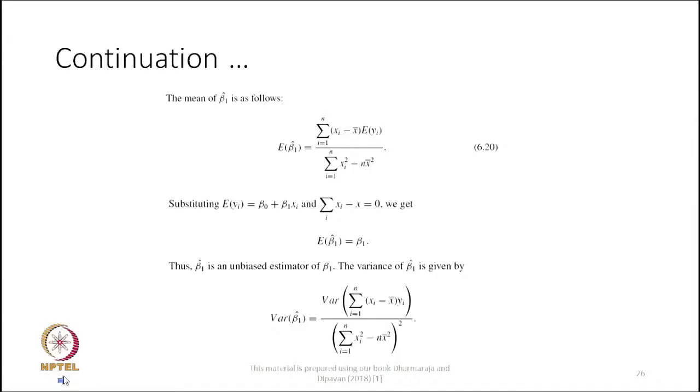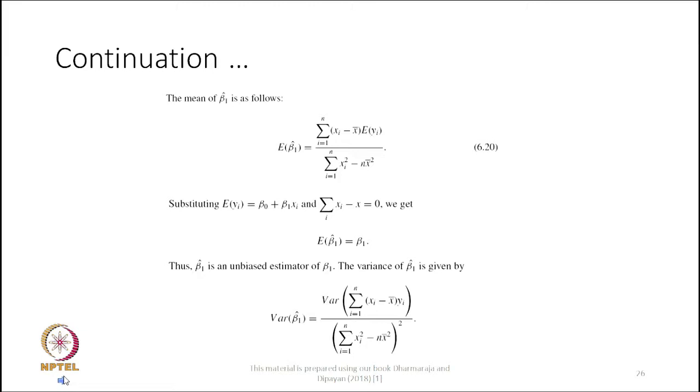Forget about the dependency between Yi and Xi, that is a different story. You just think small xi is the data and capital Xi is the random variable. So, we are finding the mean keeping capital letters in mind, not the small letters. If it is small letters, then it is values.